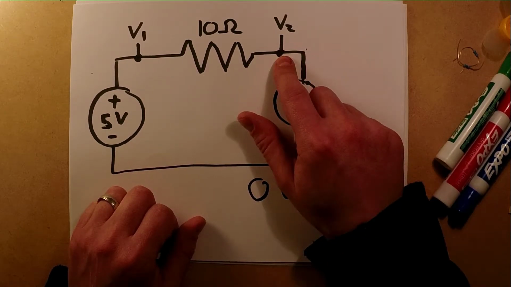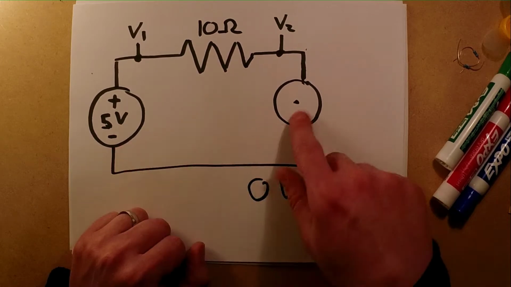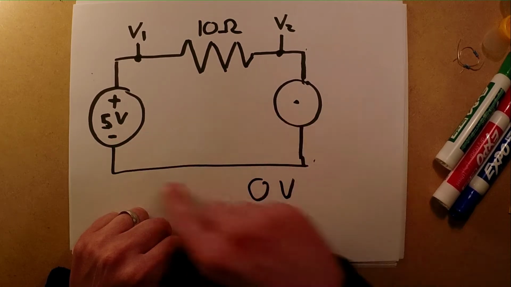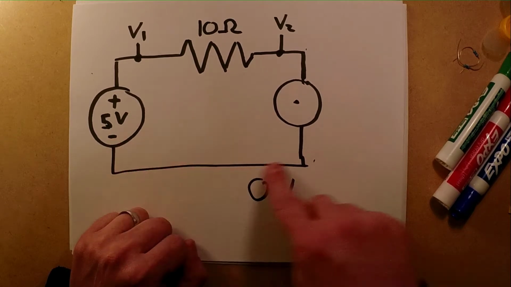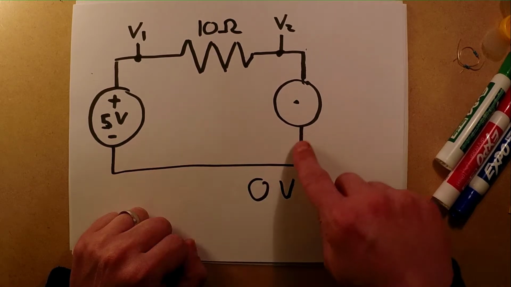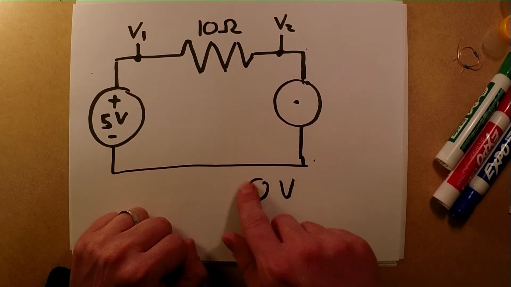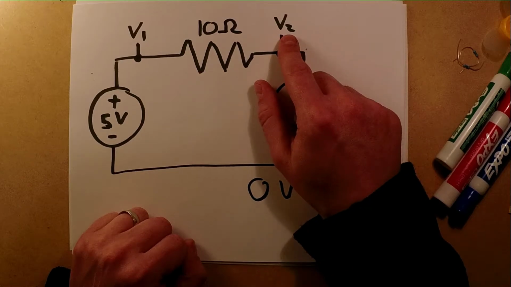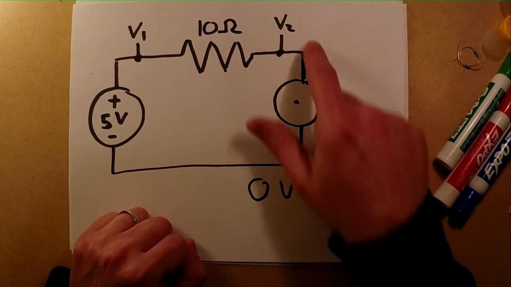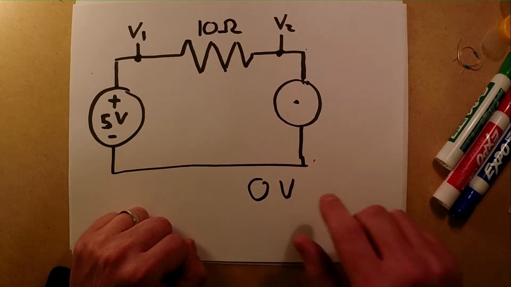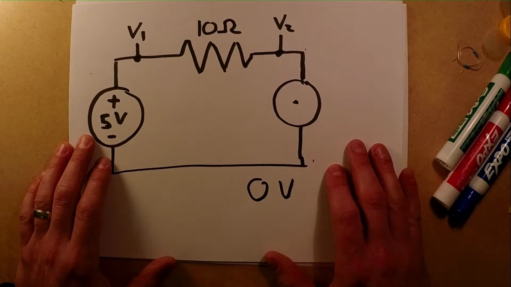We're measuring V2, and we know that this terminal on the motor is connected directly back to ground, or the negative terminal on our power supply. This whole branch of the circuit down here between the motor and the power supply has no resistors or anything in there. That's all going to be 0 volts. So if we know what V2 is up here, then we know the drop across the motor because it's 0 volts down here. That's how we're going to be calculating the power of our load.